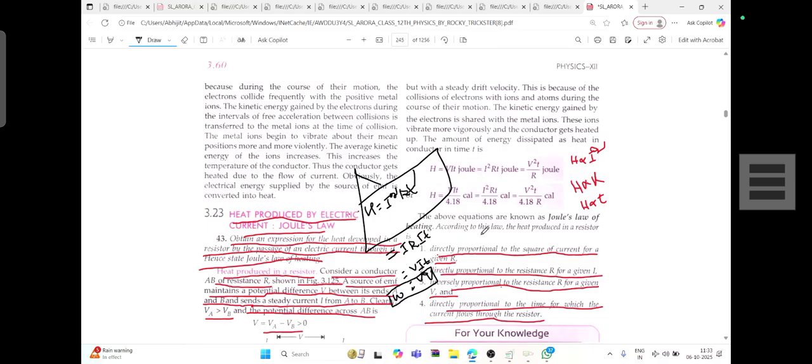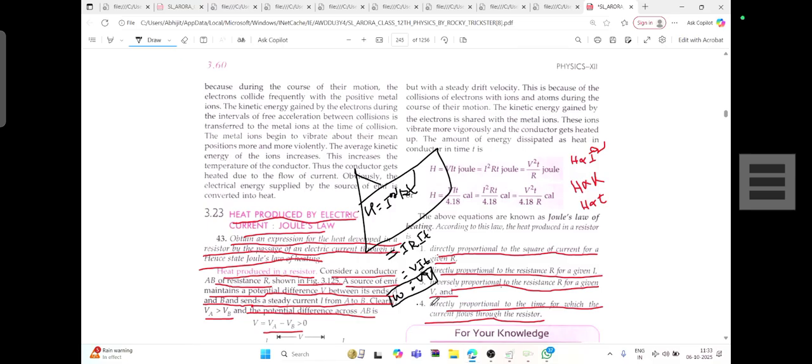Right now, that means you can write W is equals to V into Q, and V is equals to IR.